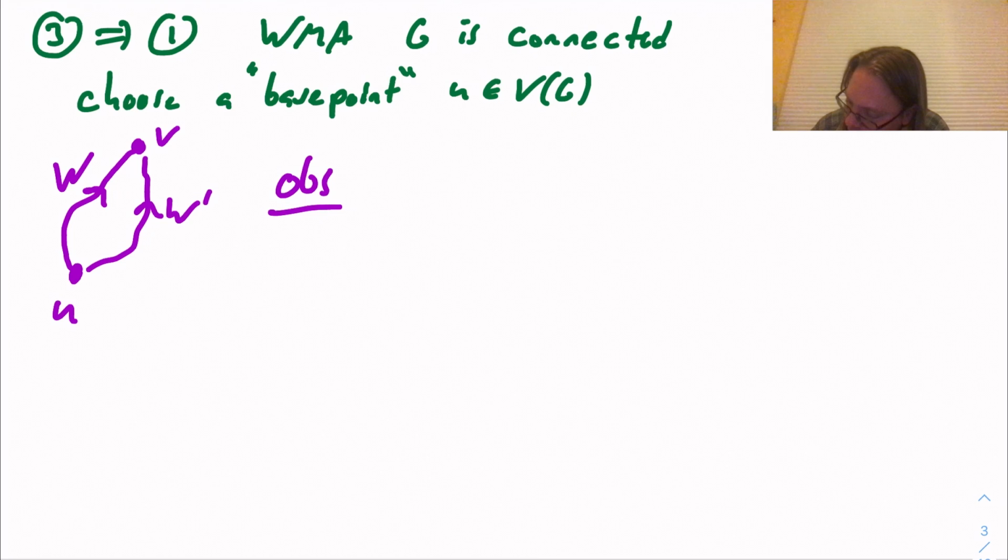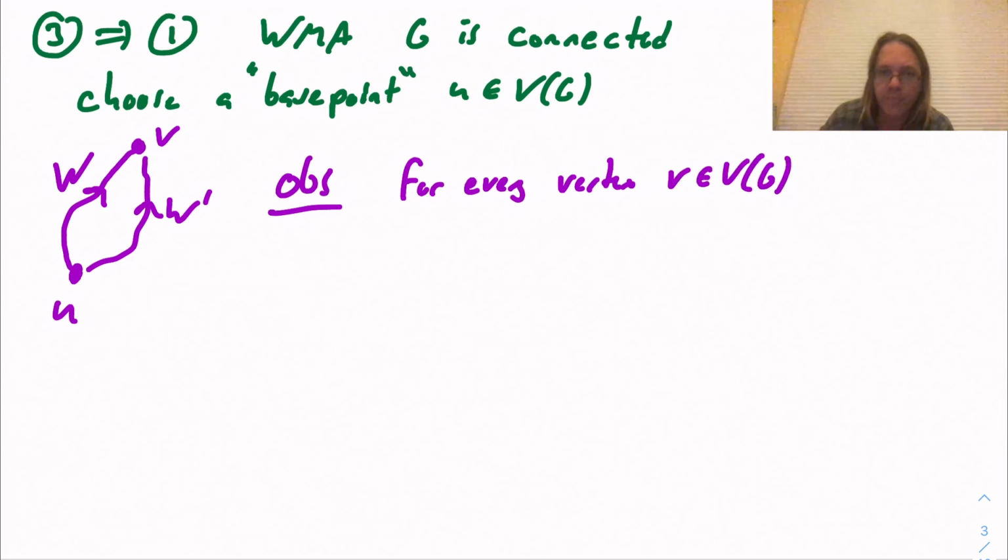The observation is that for every vertex v, the lengths of all possible walks from u to v always have the same parity. So either all walks from u to v have odd length or all walks from u to v have even length.